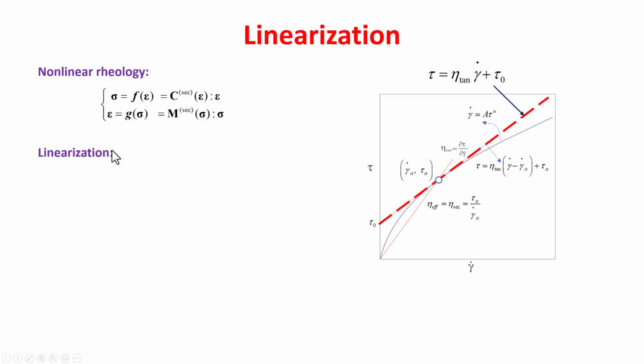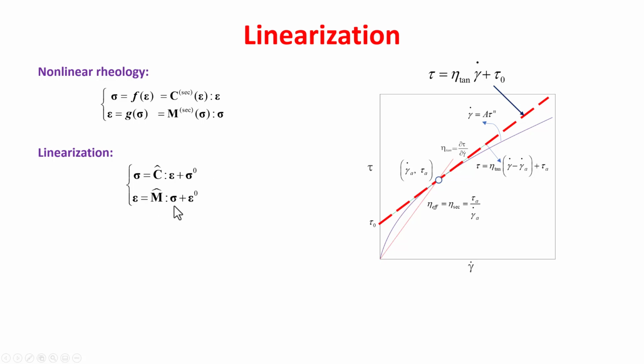The linearization approach is to look for a linearized relationship, with stress linearly related to the current strain rate in the neighborhood of that strain rate state. So we found a linear relationship to approximate the nonlinear relationship in the neighborhood of a stress-strain rate state, and that necessarily leads to a back-extrapolated stress.